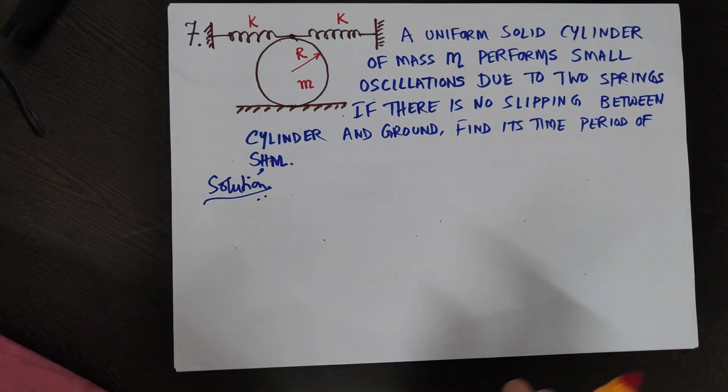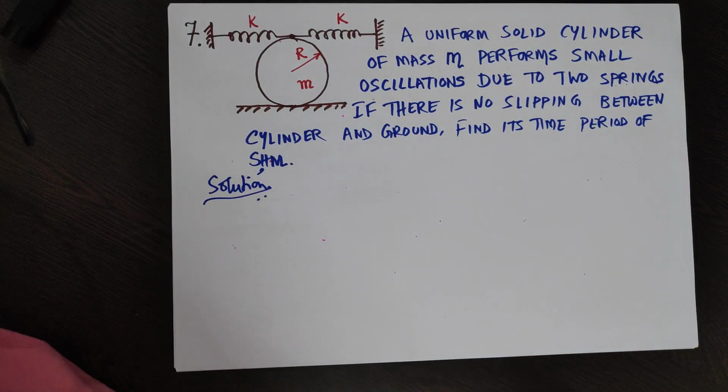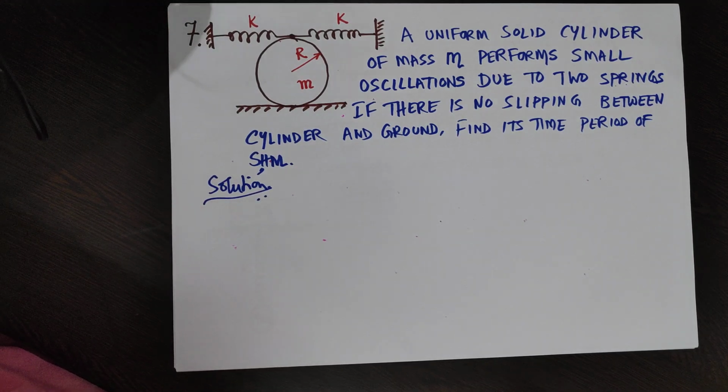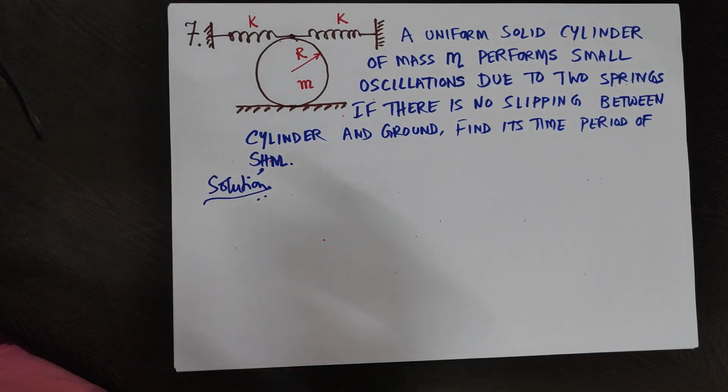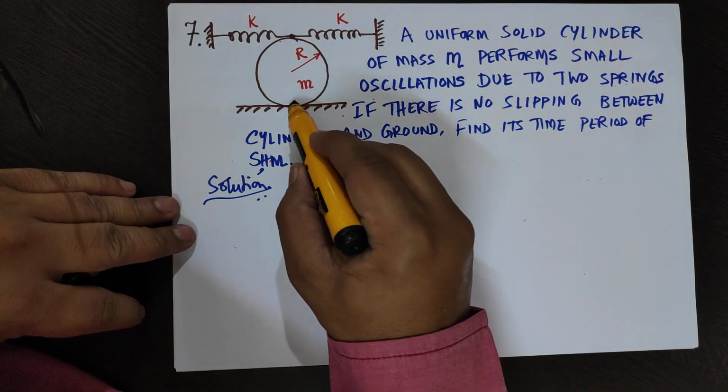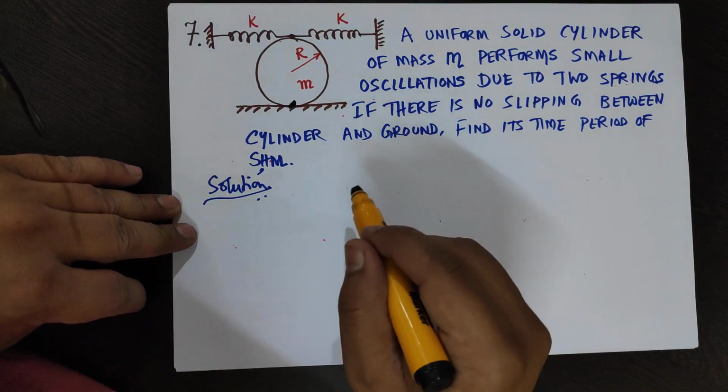Yeah, see here. A uniform solid cylinder of mass m performs small oscillations due to two springs. If there is no slipping between cylinder and ground, find the time period of oscillation. So there is no slipping here, so you can write kinetic energy.